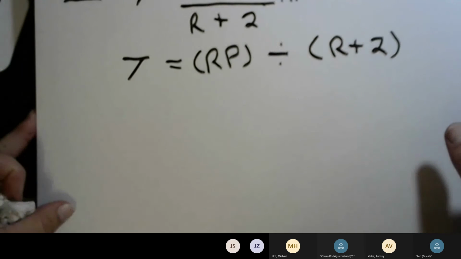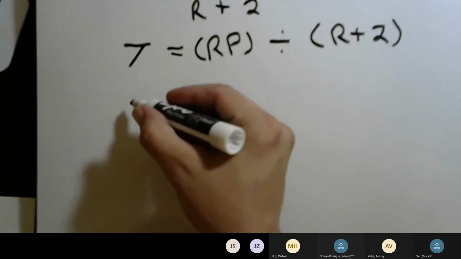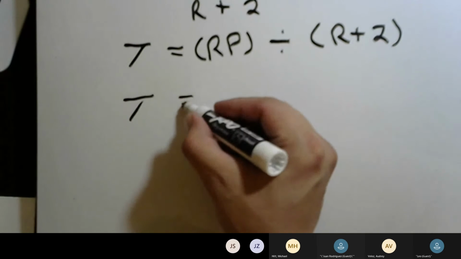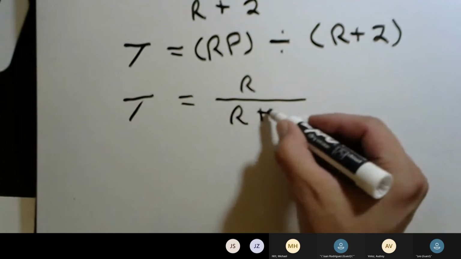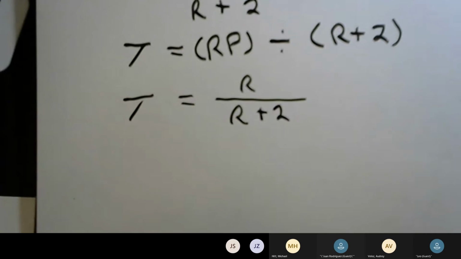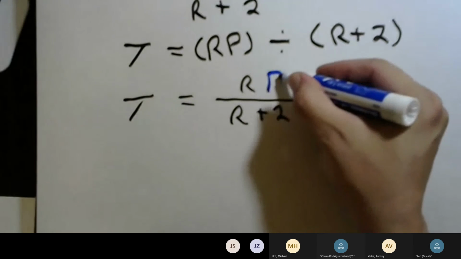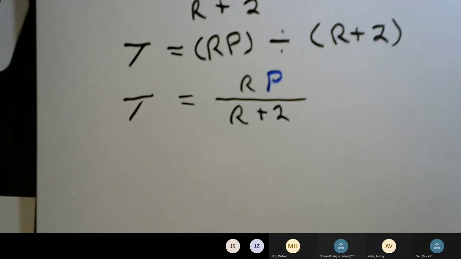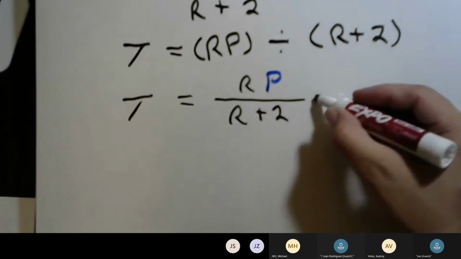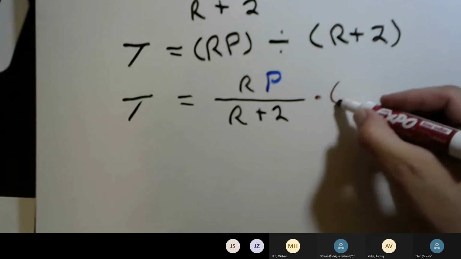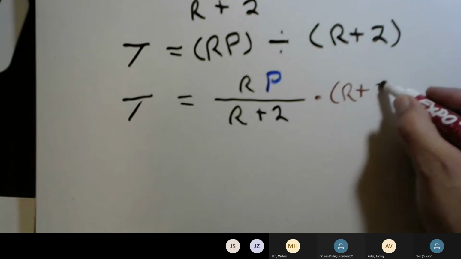So the way you usually see this written in algebra is they'll keep it like this. And then the opposite of dividing by R plus 2 is multiplying by R plus 2.